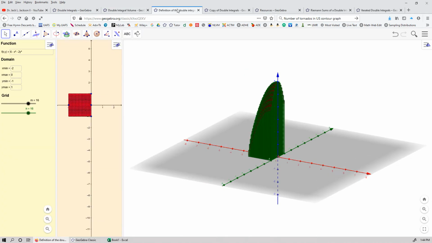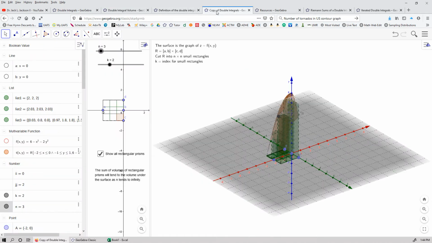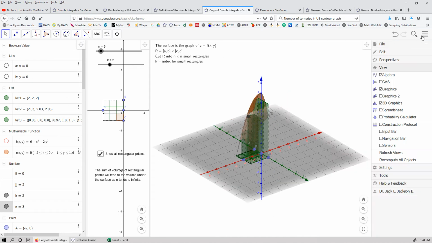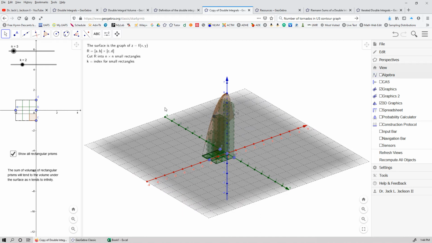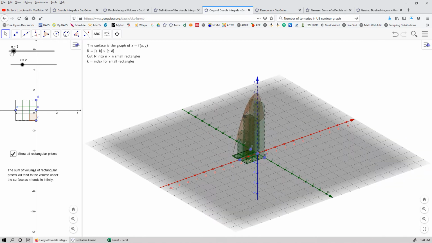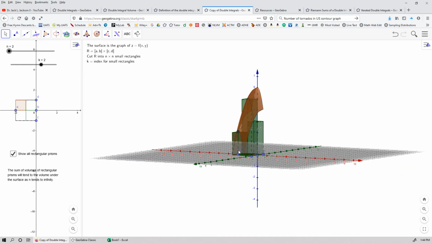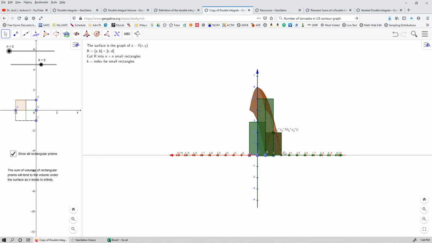I think I have, yeah, here's the picture for his. Let me turn that off. And this one here, yeah, here's the picture here. I think I can turn this around so you can kind of see it a little bit better.